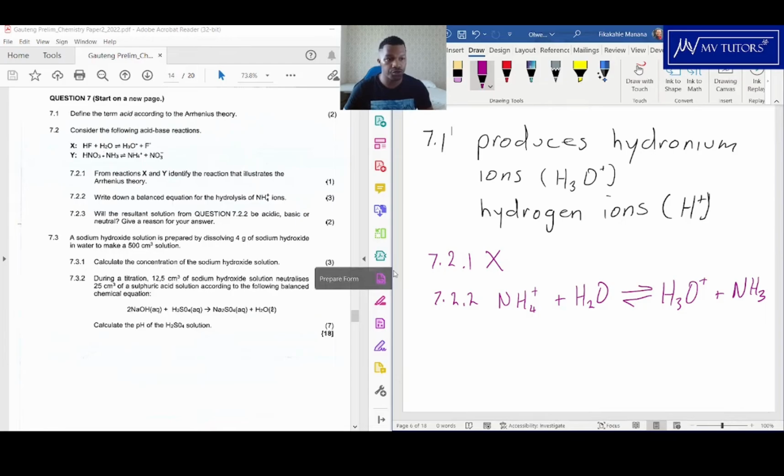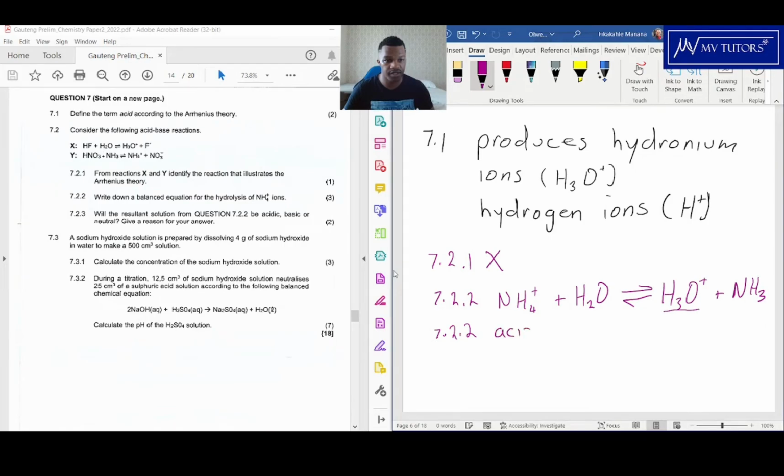Well, what did we produce? We produced hydronium ions, which means, we just spoke about it, from the definition, it's going to be acidic because it produced hydronium ions.